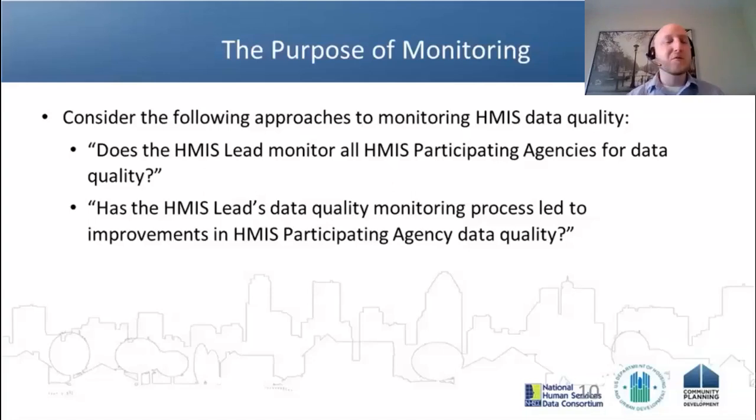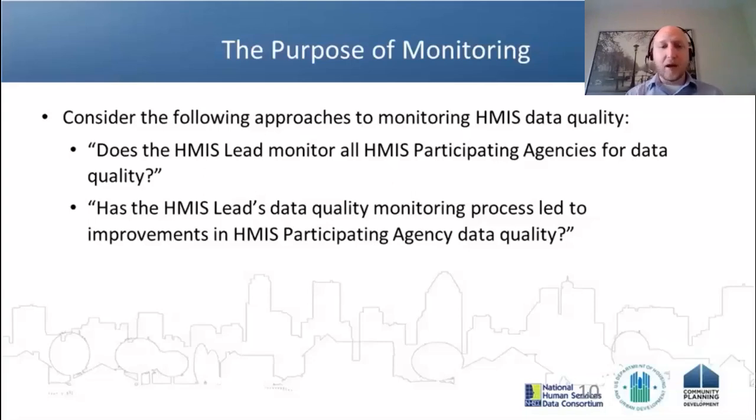Do we have remedial training opportunities? Do we have individualized end user support? Do we have tools in our toolbox that can help improve the data quality that also let us know whether or not the HMIS lead is doing what is expected of them as they're going through the monitoring process for data quality? We can think about other strategies like data quality dashboards, letting folks know where they stand in relation to other providers.